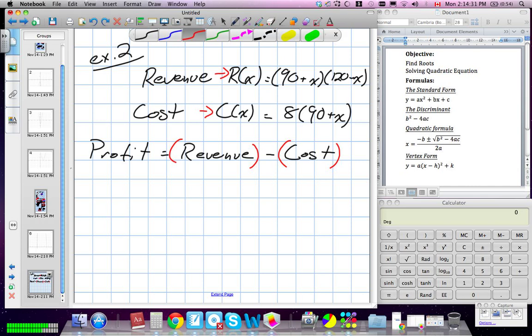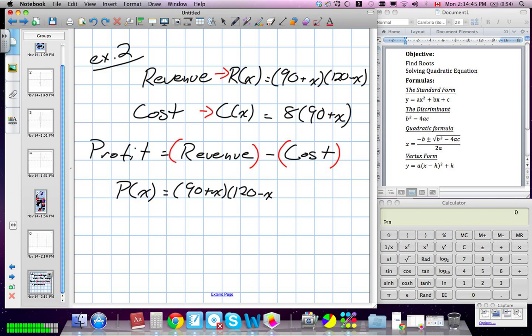So our revenue equation, we have (90 plus x) multiplied by (120 minus x). Remember, this was just revenue. Our cost function is 8 times (90 plus x). Now what they want you to do is first get the equation for profit.